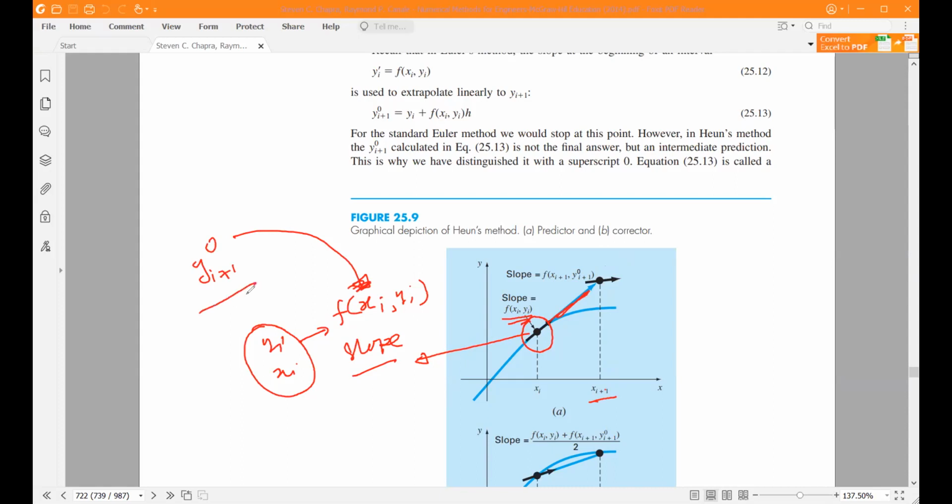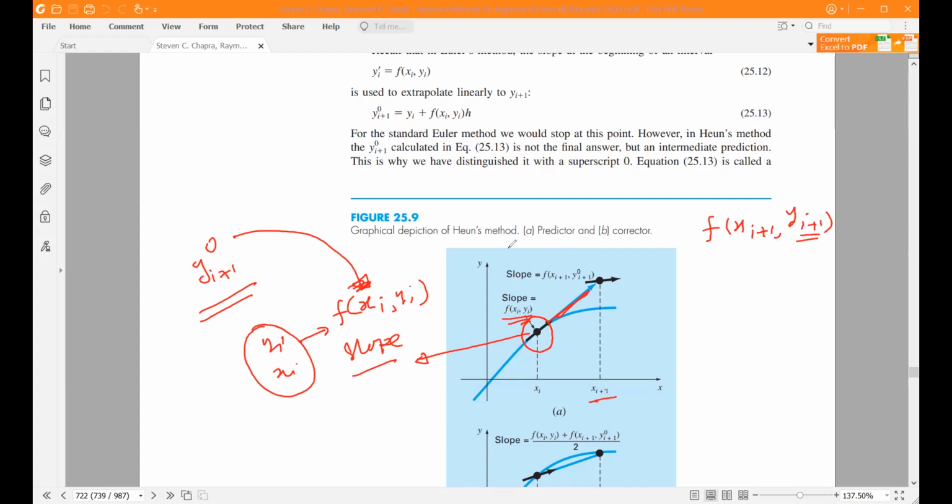So once this value is available to you, then at this point you can calculate the slope, because in calculating the slope at point x_{i+1}, you need the value y_{i+1}, but the exact value of y_{i+1} is not available to you now.